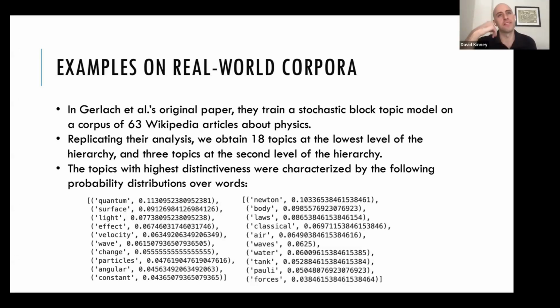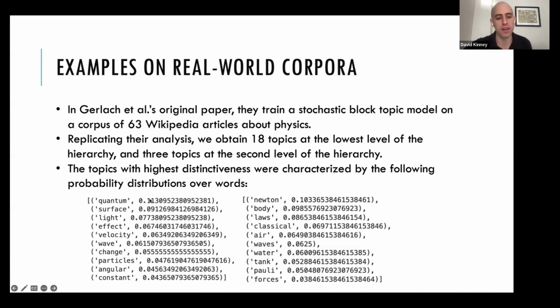No, I mean, as ever with these things, it's never perfect, but in interpreting a topic, there are a couple of things you have to think about: both the list of words themselves, but also the probability being assigned to each of those words. This is telling us how likely this particular word is to be sampled in generating this document. Certainly on the right-hand side, we see Newton, body, laws, classical. Those are all for classical mechanics, right?